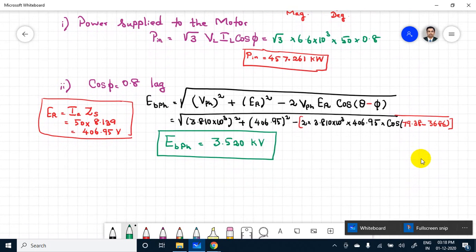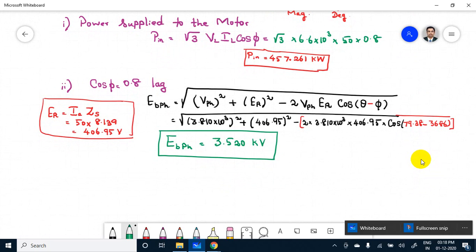Then, in the second subdivision itself, we have to measure the induced EMF EB for cos phi equal to 0.8 leading. So what is the formula?